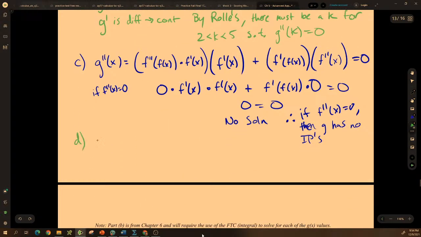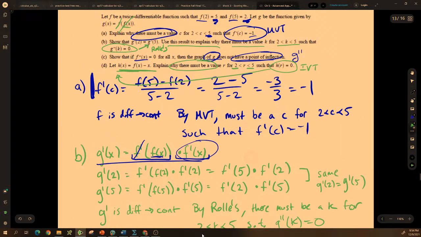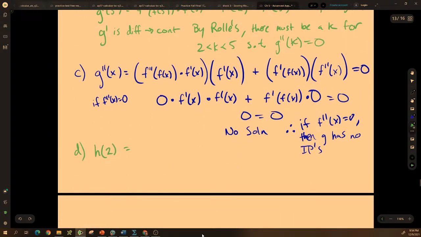So h of 2 is f of 2 minus 2. Remember that f of 2 is 5, so that's 3. Then h of 5 is f of 5 minus 5, and remember that f of 5 was 2. So 2 minus 5 is negative 3.